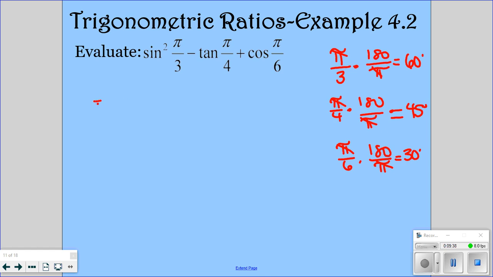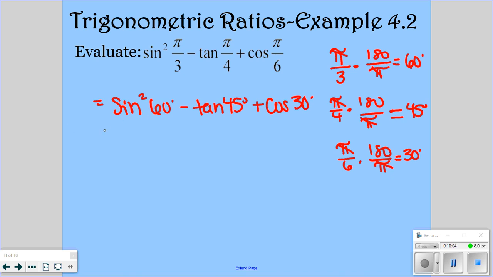So if you want, you can rewrite it as sine squared 60 degrees minus tangent of 45 plus the cosine of 30. I am fine with you changing degrees and radians back and forth. What I would like to see you get away from is having to do this manually every single time.